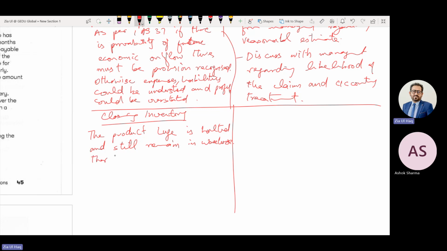There could be chances inventory may be overstated if not adjusted properly.